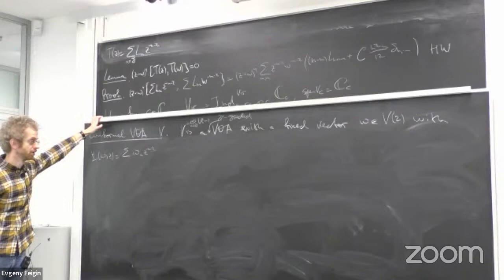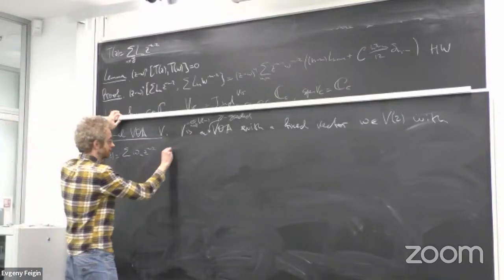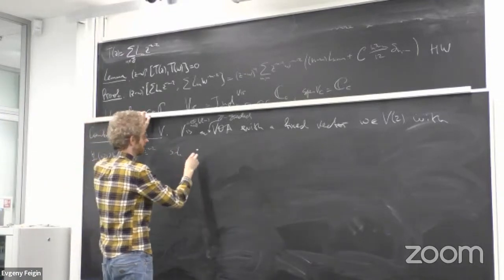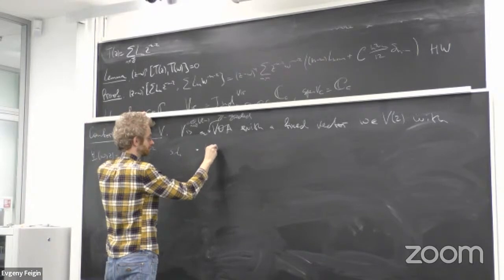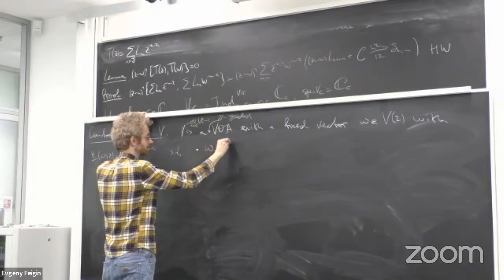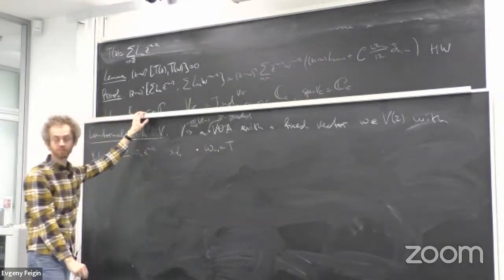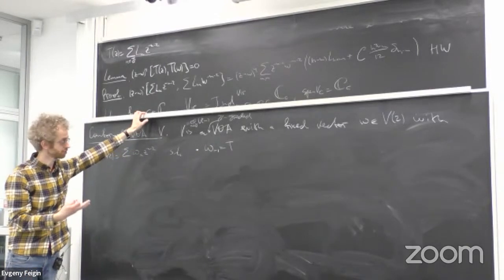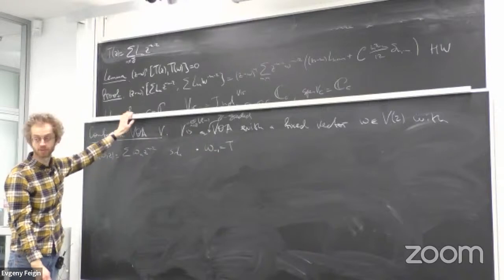Such that, first of all, omega minus 1 is T. You remember we have an operator T acting on our vector space, and this should come from this omega.